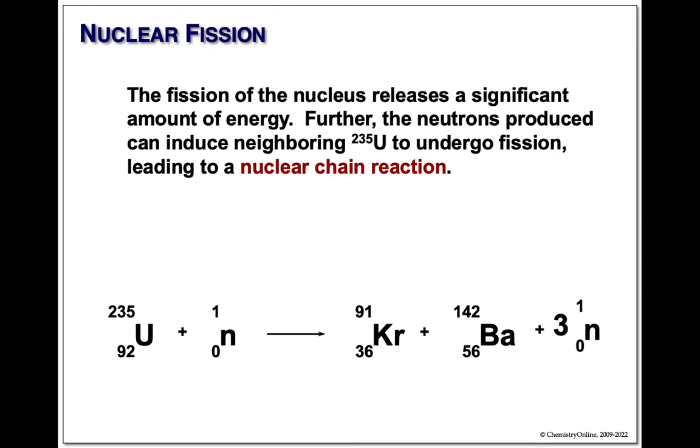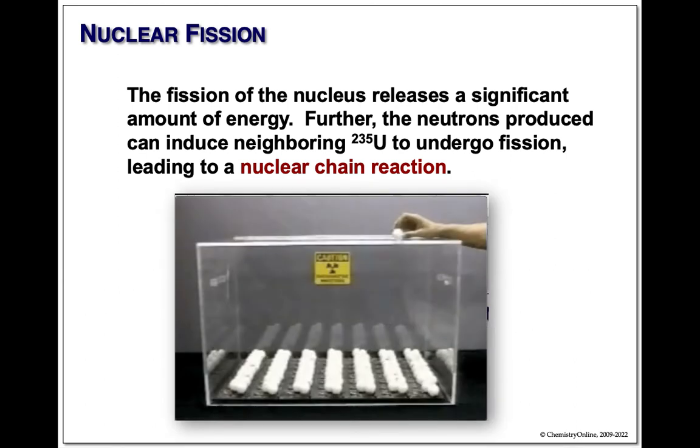Now, to show a nuclear chain reaction, typically people use mouse traps and ping pong balls. That's the official way to do it. These are little mouse traps. Each of them has 3 ping pong balls on them. This is somebody holding our ping pong ball. That's our neutron that comes in.